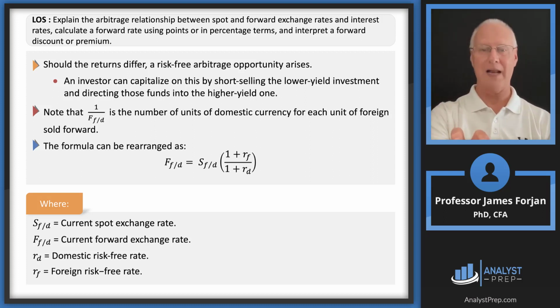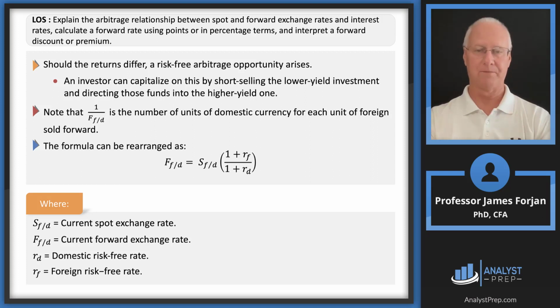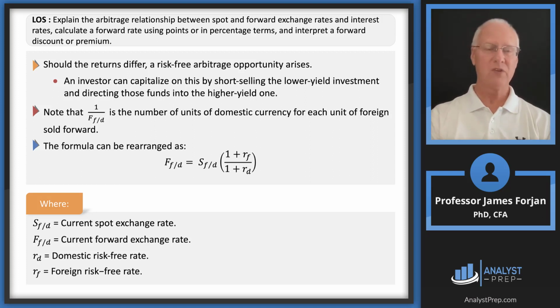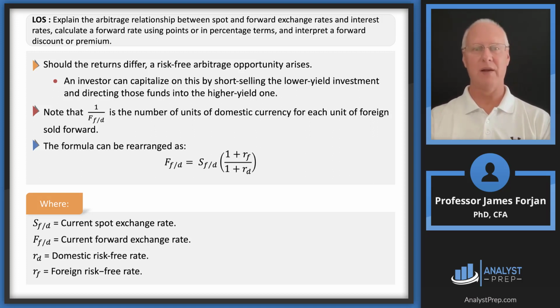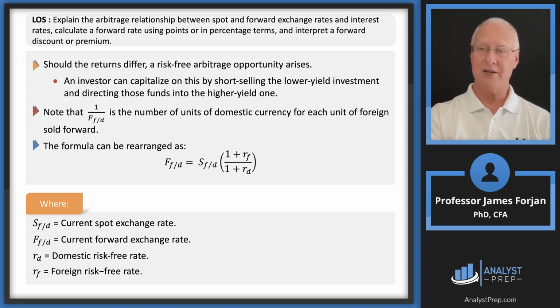So we start with a spot, and then all we do is we compound out there. So this is nothing more than saying, hey, I have $100 today, interest rate is 10%, I'll have 110 at some time in the future, right? But now we have to consider two different interest rates. In the numerator, we have 1 plus the foreign rate divided by, in the denominator, 1 plus the domestic rate. So here's how you're going to remember this.